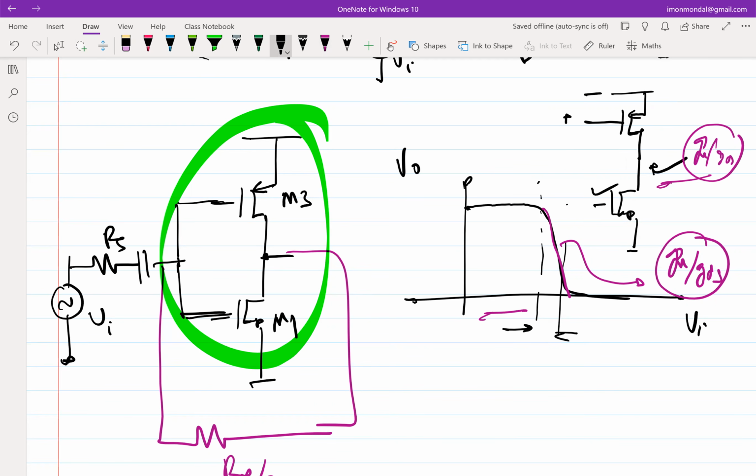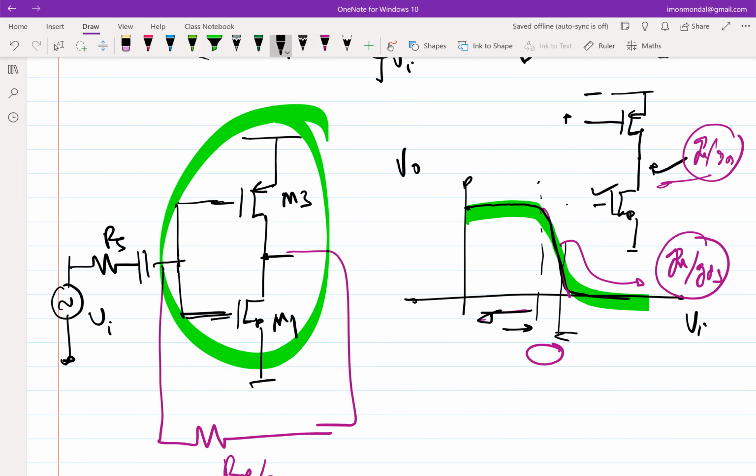Will it be in saturation when you are going far away from this? No, it will tend to go to triode, and the NMOS will become cut off if you are at very low input. So essentially you will have a similar curve. You are always operating in this narrow range, regardless of whether you are using an inverter.